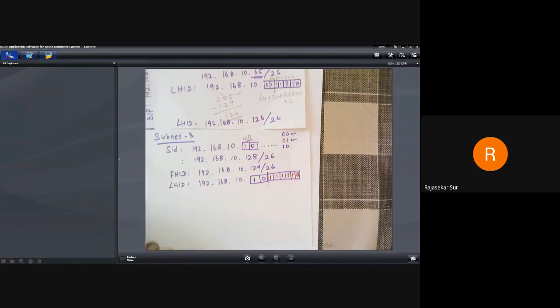So what is the place value? The place value is 1, 2, 4, 8, 16, 32, 64, 128.